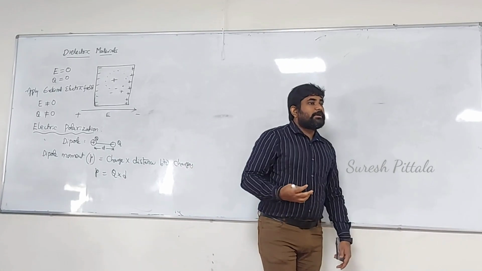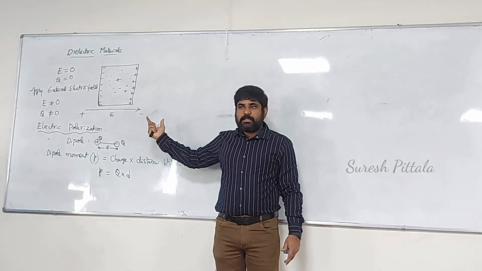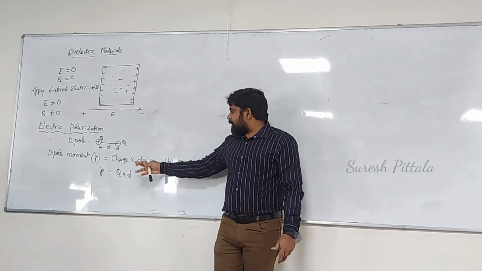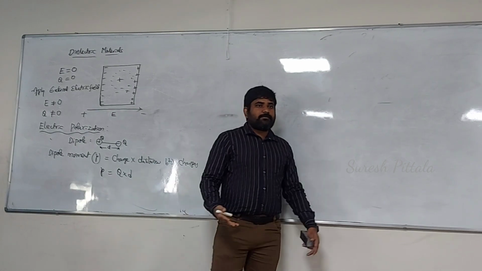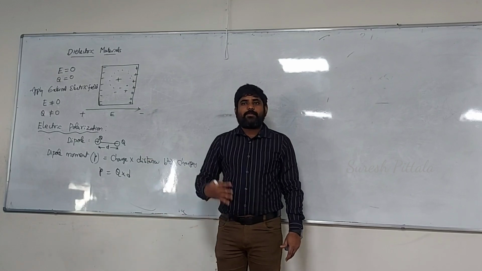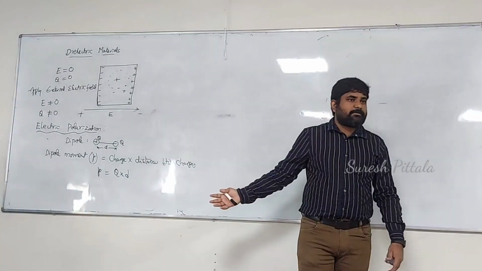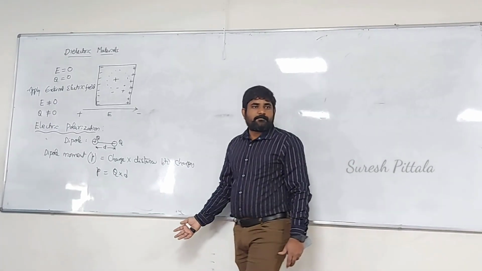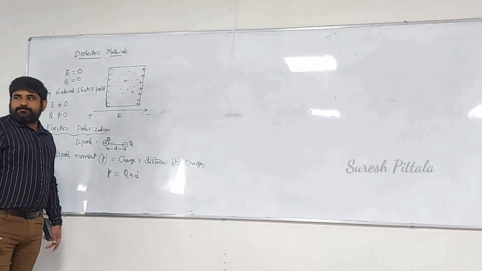So upon the application of the electric field, actually you are creating dipoles inside your material, thereby you are getting a net polarization or net dipole moment. You are inducing the dipoles and dipole moments. The process of inducing the dipoles is called polarization. Okay. So that is the electric polarization phenomenon.